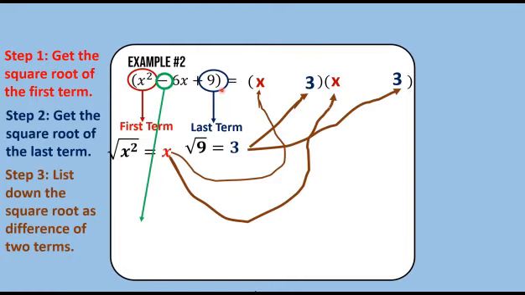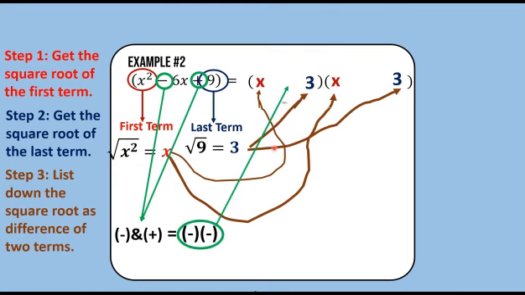Now, you notice that the operations presented in example number 2 are negative and positive. So if we have different operations in our expression, we are going to use negative times negative in our factors here.